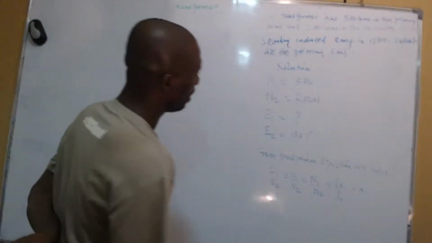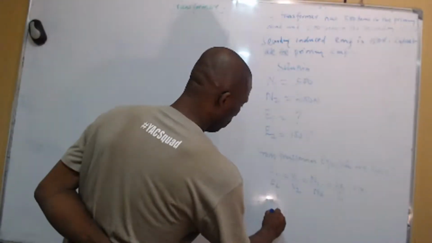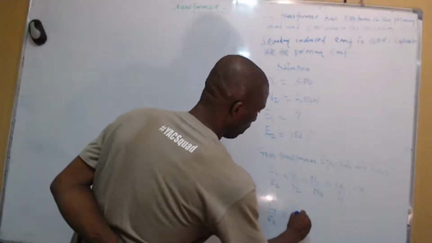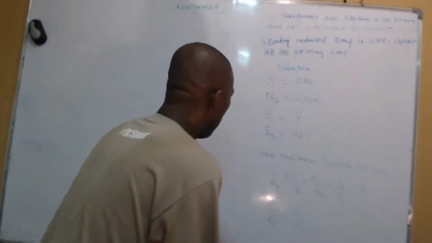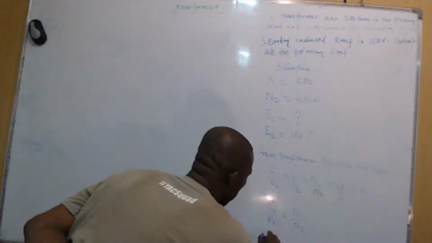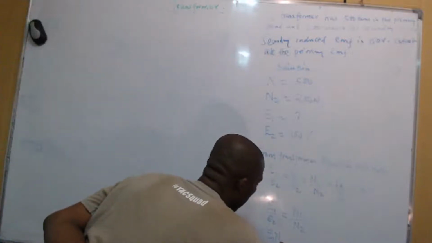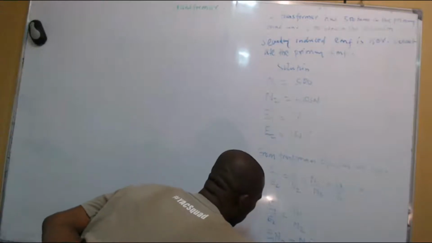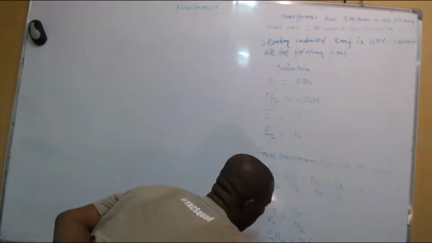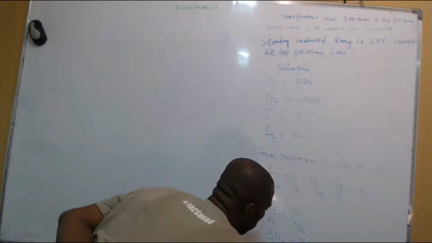So from here we say E1 over E2 is equal to N1 over N2. Our E1 is what we are looking for. E1 N2 is equal to N1 E2, so E1 is equal to N1 E2 all over N2.